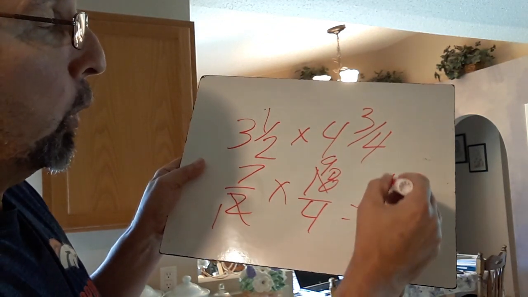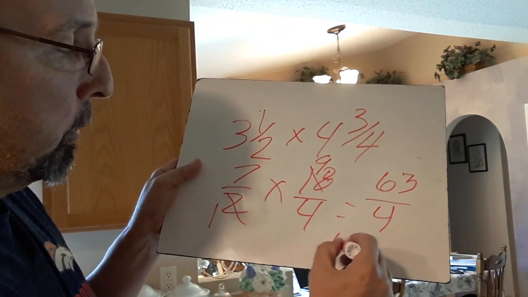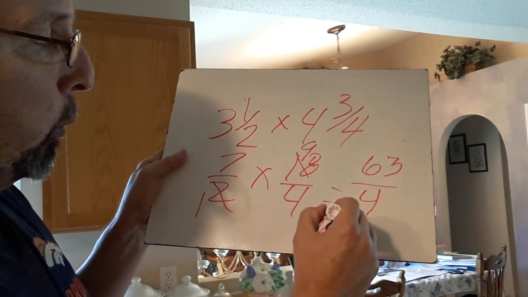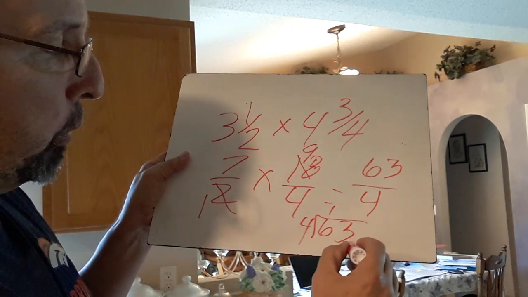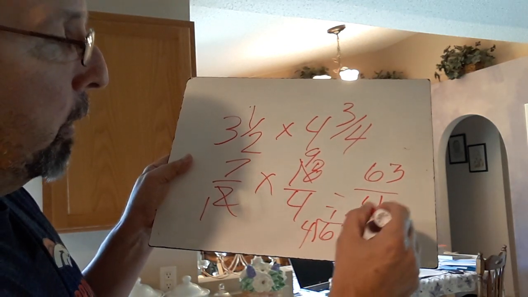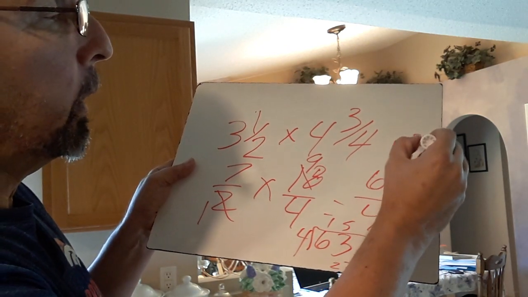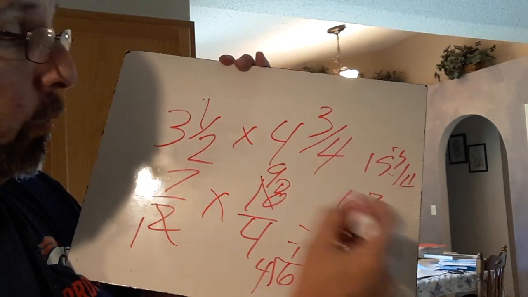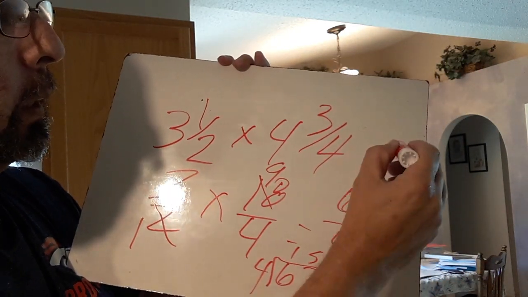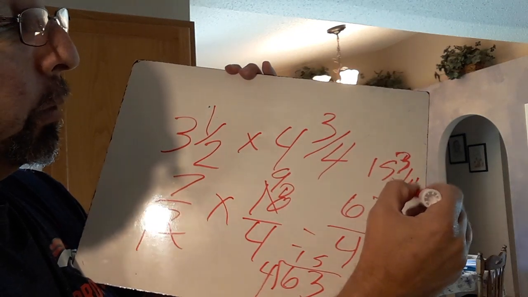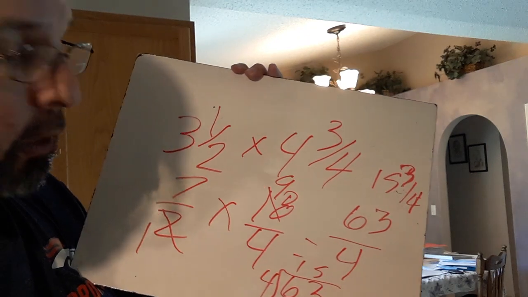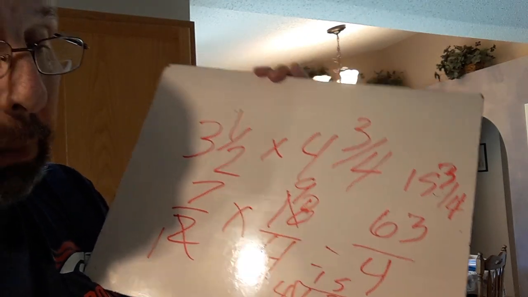We divide 4 into 63, 63 divided by 4, and you get 15 3/4. All right, 15 3/4. Sorry, it's a little sloppy there because I'm doing it sideways. So you get the idea. That's how you do that problem.